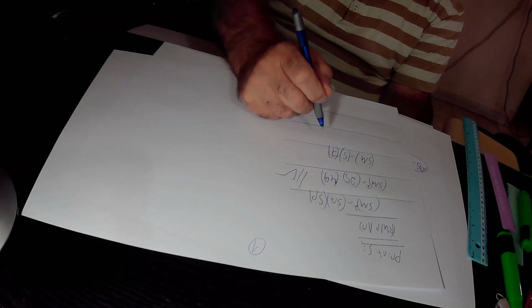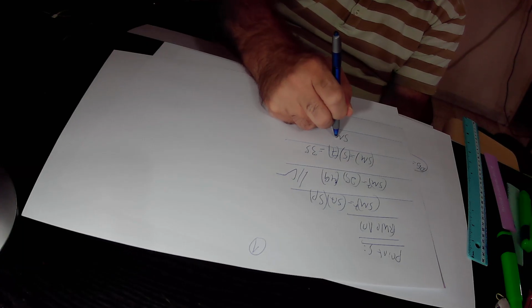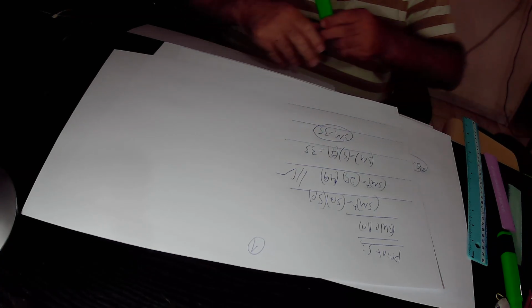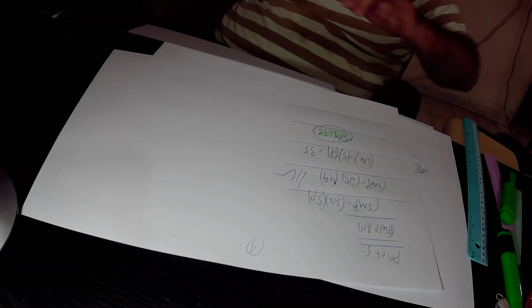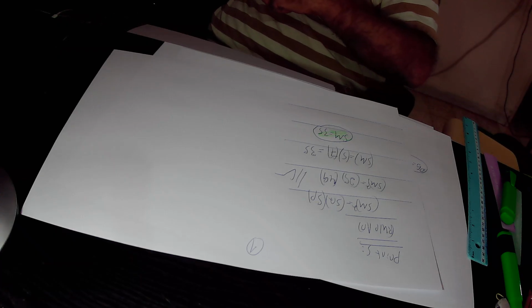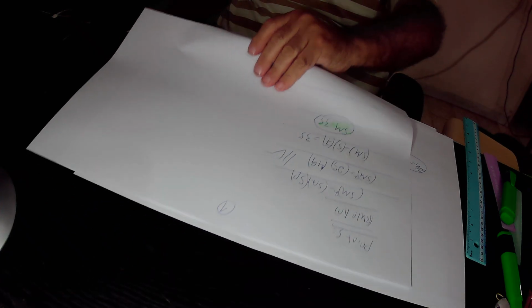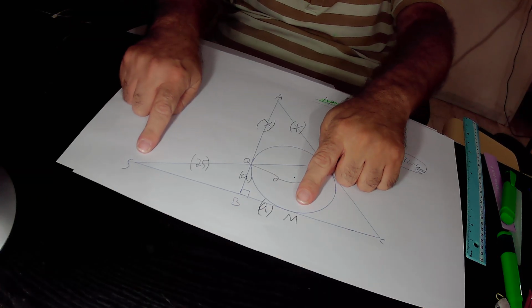So in total, SM equals 5 times 7, that is 35. SM equals 35 units in its length.